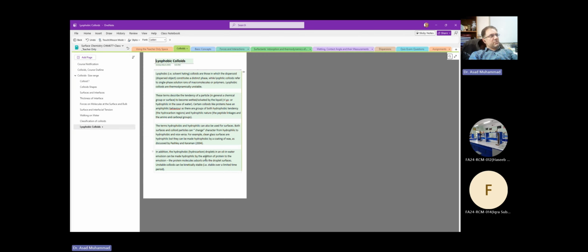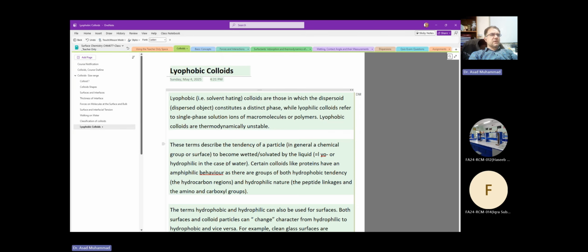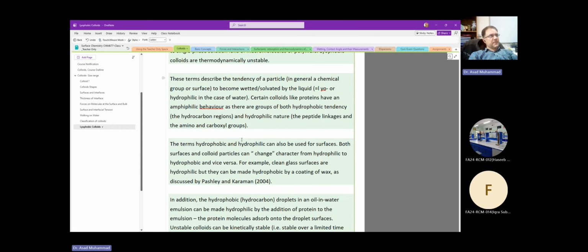Then we have lyophobic colloids. Lyophobic colloids are those in which the dispersoid, that is the dispersed object, constitutes a distinct phase, while lyophilic colloids refer to single-phase solutions of macromolecules or polymers. Lyophobic colloids are thermodynamically unstable. So we have different terms here.